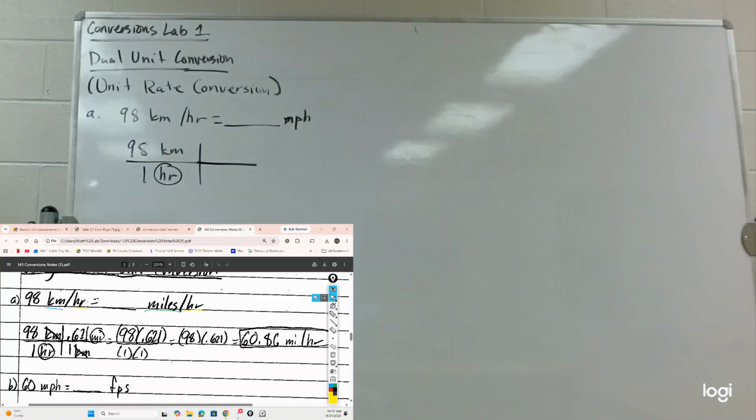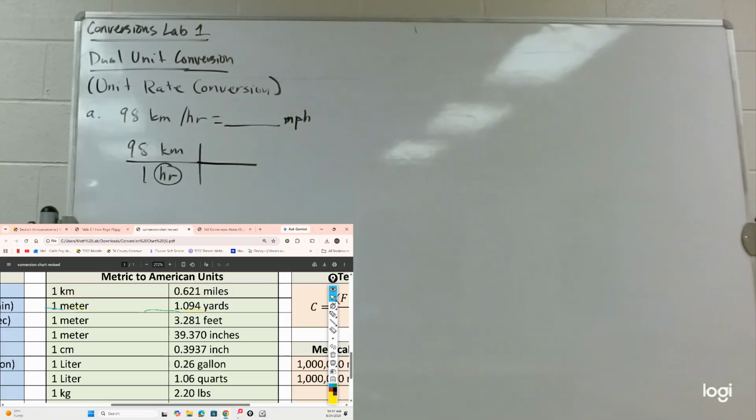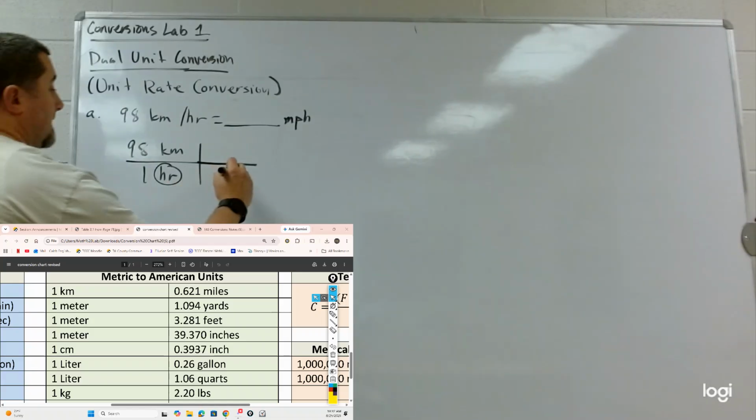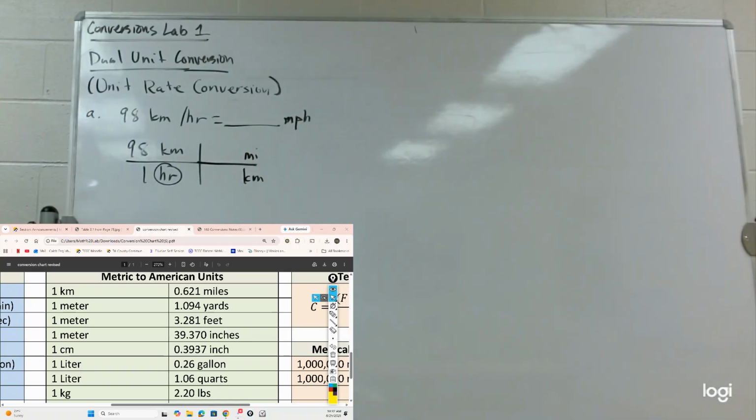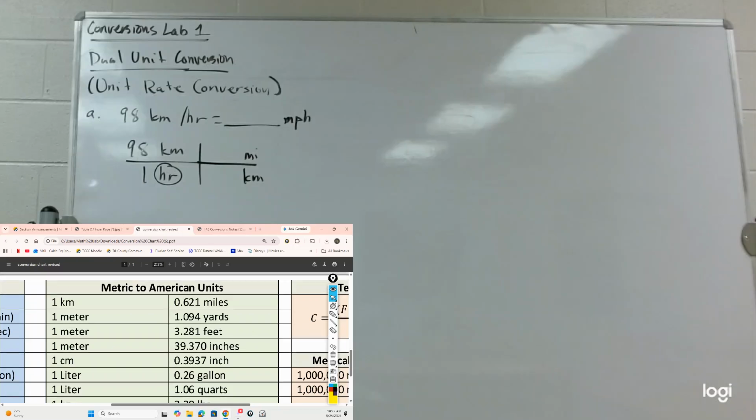But I don't know what the kilometer to mile conversion is off the top of my head. I know I've got it written there, but let's assume that I didn't. Let's go look for it. Even though I know that kilometers goes in the bottom and miles goes in the top, my tendency is to think, all right, I want as many ones in the bottom as possible. That way I minimize how much dividing I have to do.